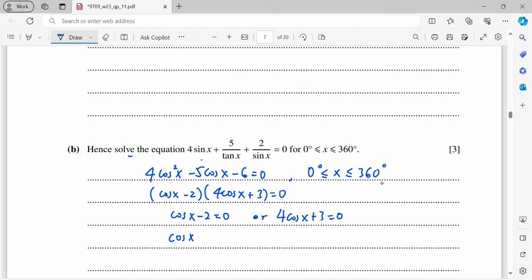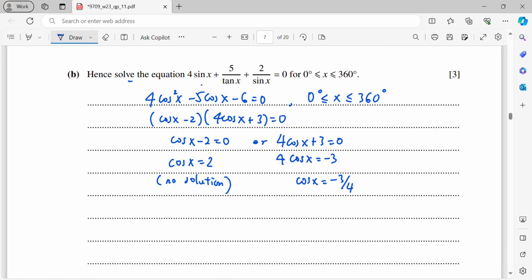So when the first factor is 0, cos x is 2. So we know that this one has no solution because for cos x the maximum is 1, minimum is minus 1. So it will not be reaching 2. Then 4 cos x plus 3 equals 0 means that your cos x equals negative 3. So cos x is negative 3 over 4.